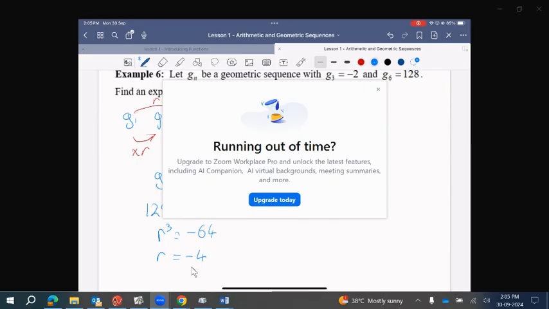So putting our values in, G1 times minus 4 squared is equal to G3, which is negative 2. Which means G1 equals negative 2 over 16, which is negative 1 over 8.